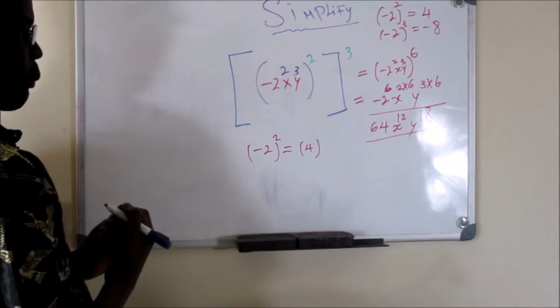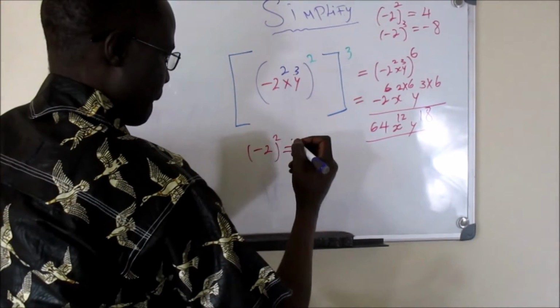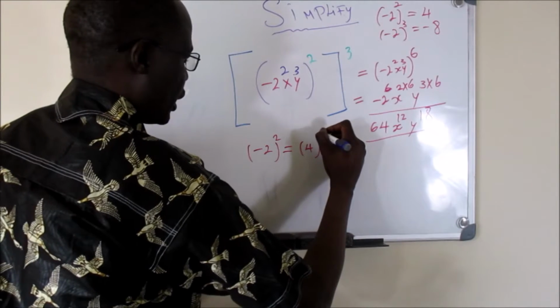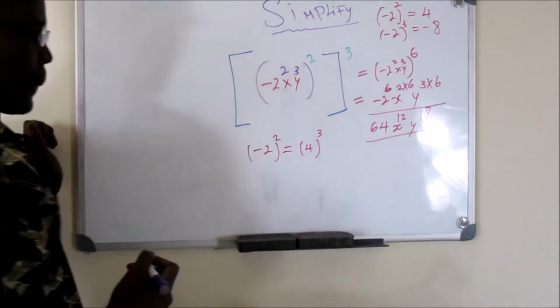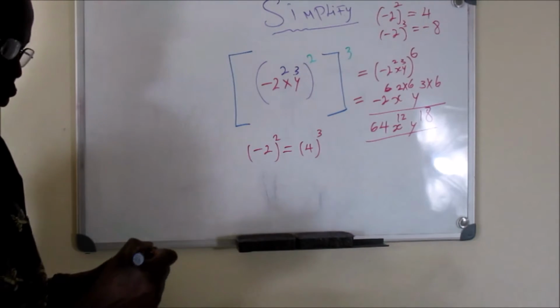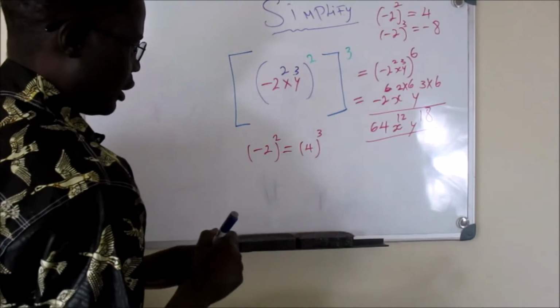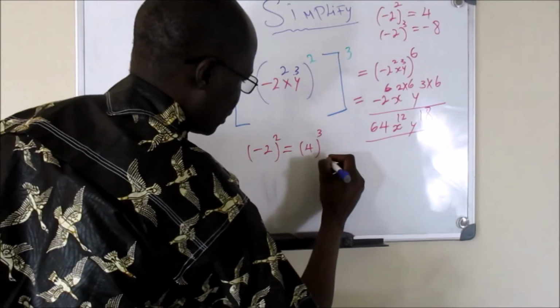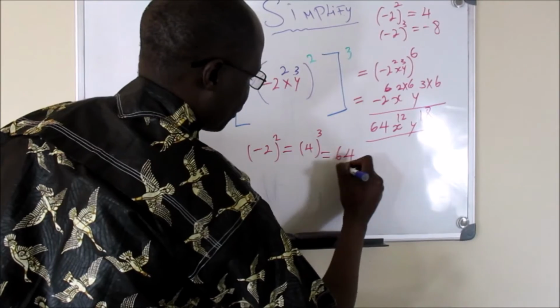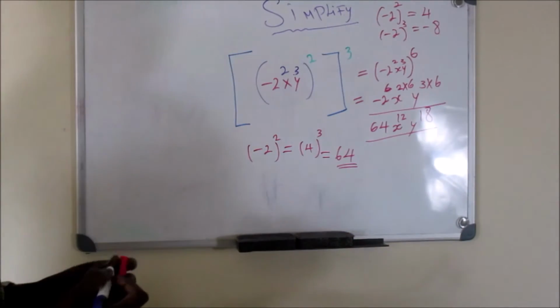Okay? And so you're going to be left with 4 to the power 3. And 4 to the power 3 will give you 64. And that's how we get 64.